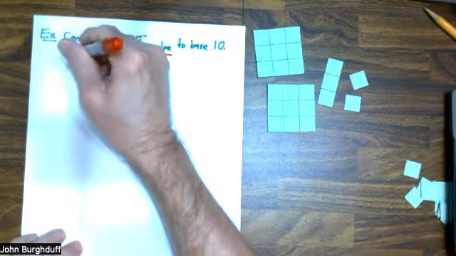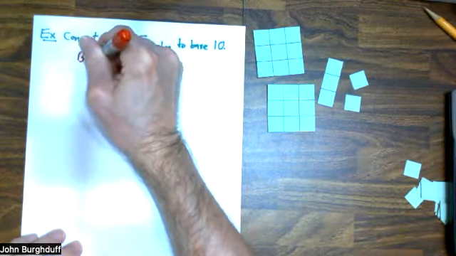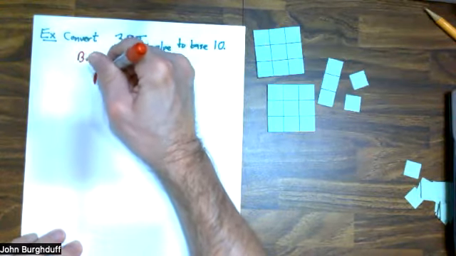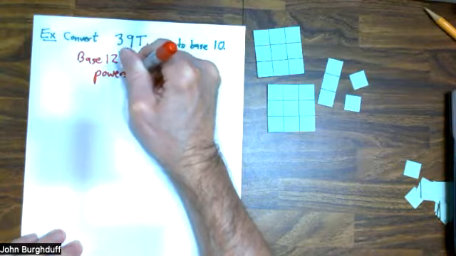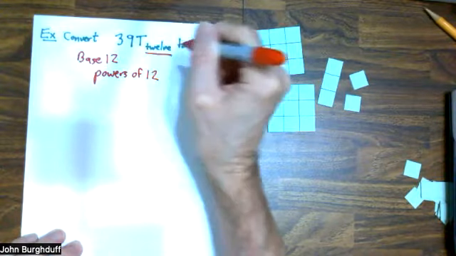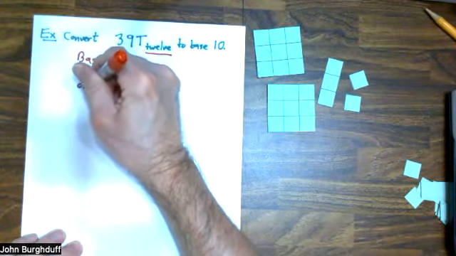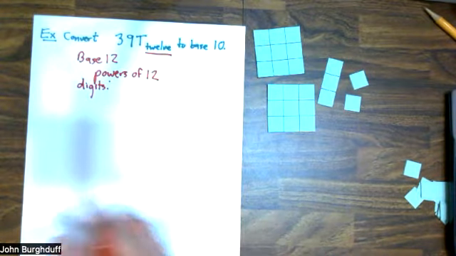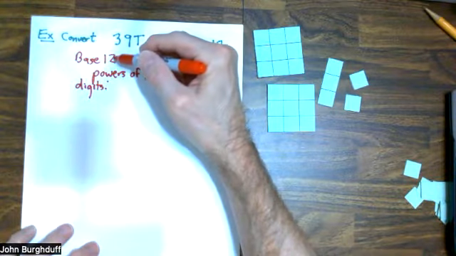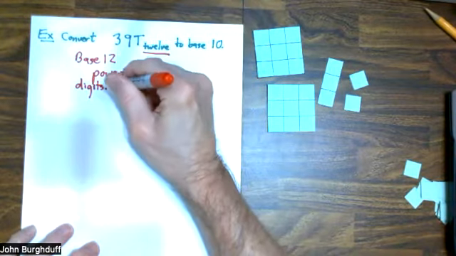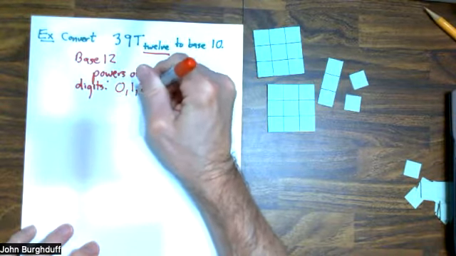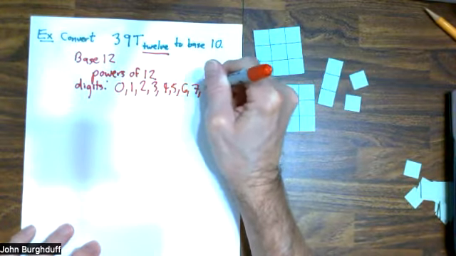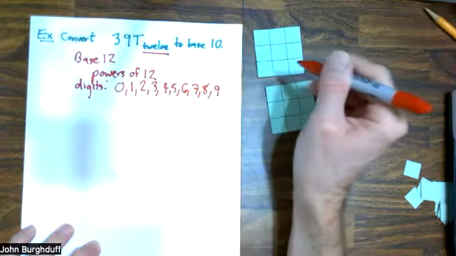So if I am in base 12, that means that every place value represents powers of 12. And the digits that I use need to be from 0 up to 1 less than the base. That starts out normally 0, 1, 2, 3, 4, 5, 6, 7, 8, 9.